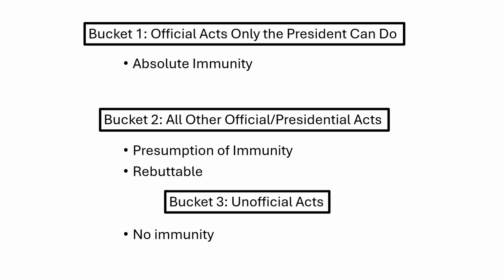We want each branch to be able to do its job without the other branches interfering improperly, or without each branch getting co-opted by political interests. That's already a big issue in our government right now, so we really don't want it to get worse. That's the motivation for these immunities.